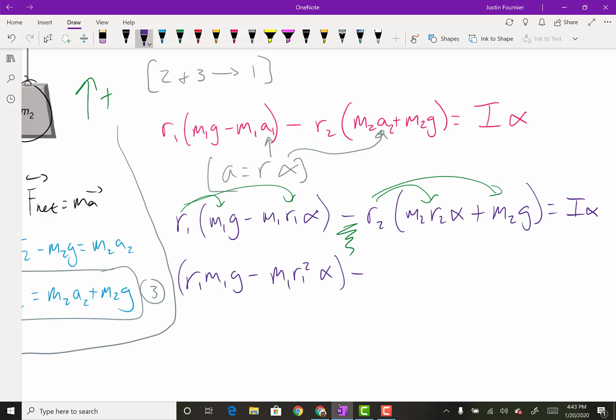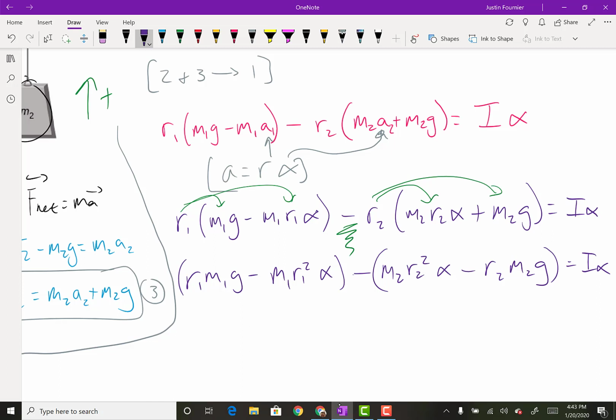Okay, and then negative R2 is going to distribute here. So this is going to be M2R2 squared times alpha. And then again, this negative distributes, so it's going to be minus R2M2G equals I alpha.